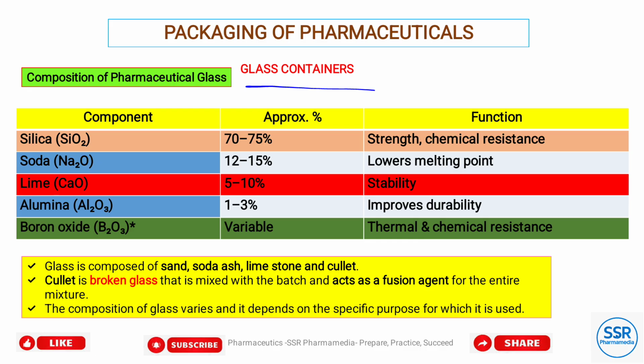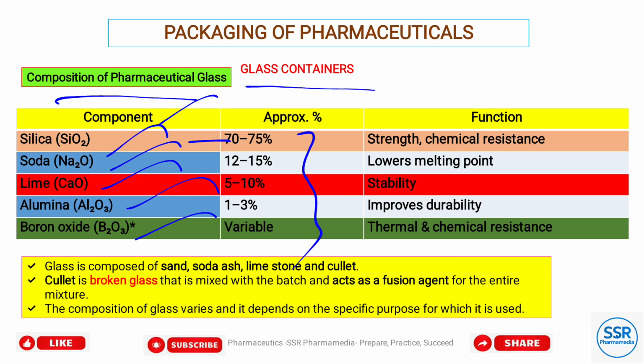So glass containers. First, composition of pharmaceutical glass. The components of glass containers are silica, soda, lime, alumina, and boron oxide. These are the percentages of each component.